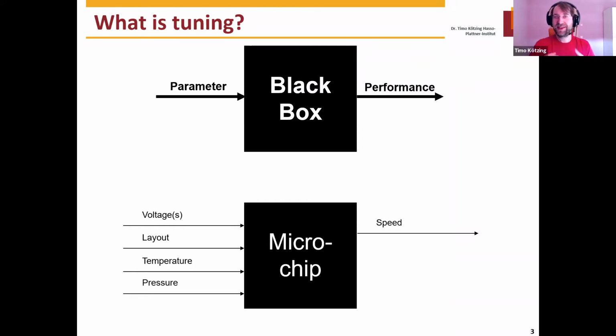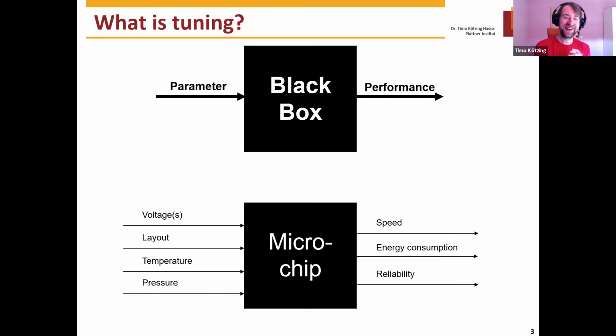Either way, you get out some kind of behavior of this microchip. So for example, the speed at which I can run it without it doing nonsense, right? Maybe the energy it consumes differs depending on what I set the parameters to be. Maybe the reliability is different. Maybe the lifetime changes. Maybe it makes a different kind of faults. Anyway, all these kinds of things are performance parameters or performance measures.